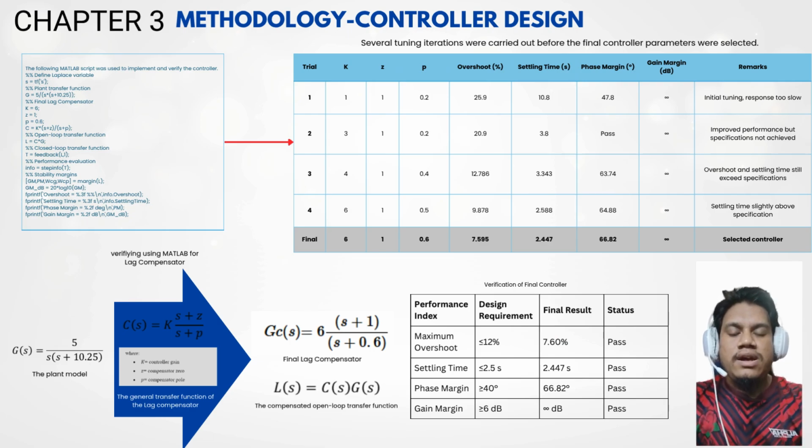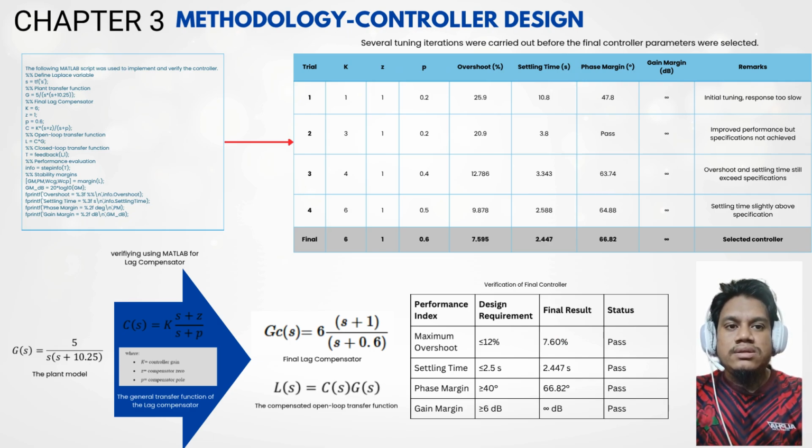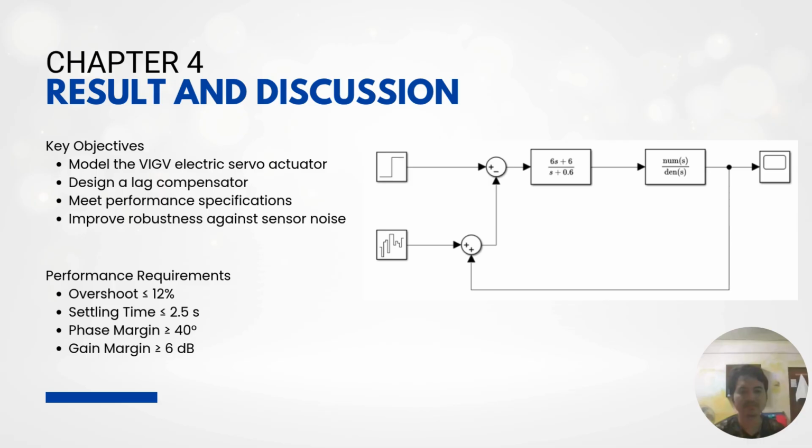This controller achieved an overshoot of 7.595%, settling time of 2.447 seconds, phase margin of 66.82 degrees, and infinite gain margin. Therefore, the controller managed to satisfy all the requirement specifications for the project. Thank you.